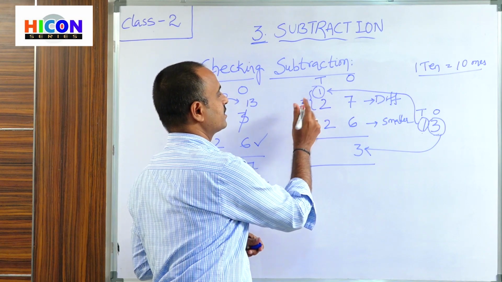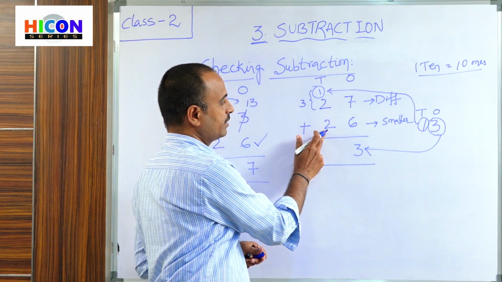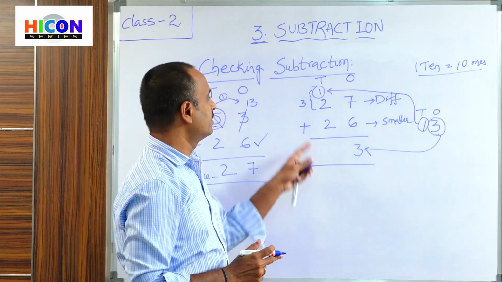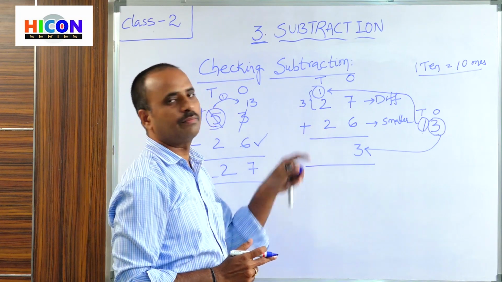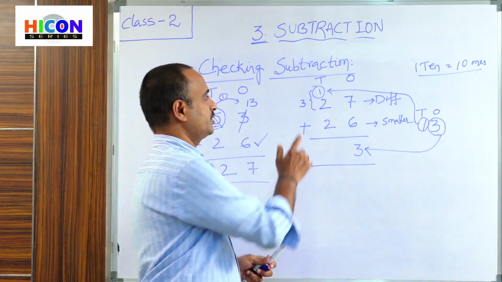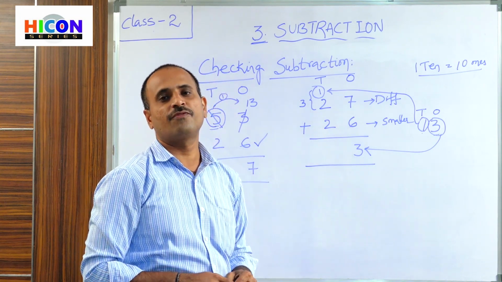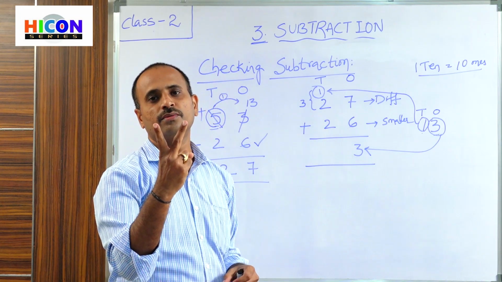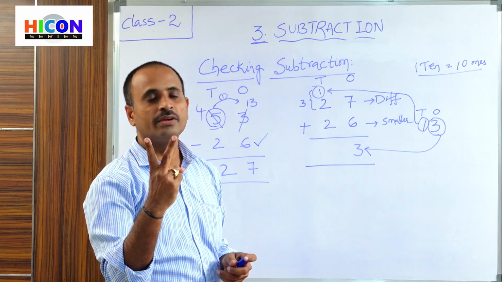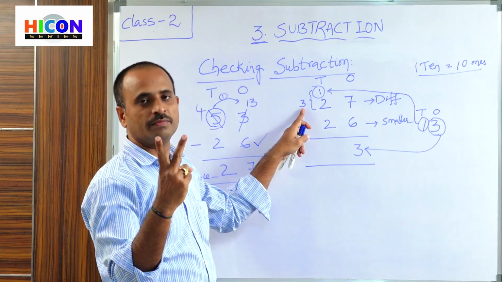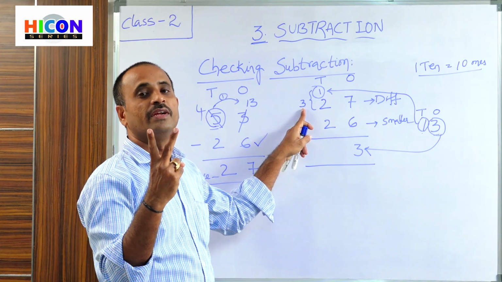Now add this sum 3 to the third number 2. Here the first number is 3, second number is 2. Open 2 fingers of your hand, 1, 2. And start counting from this sum. What is the sum? 3. After 3, we will get 4.